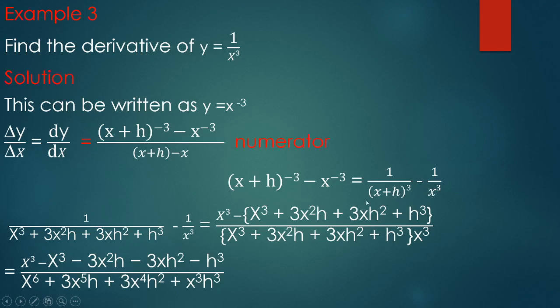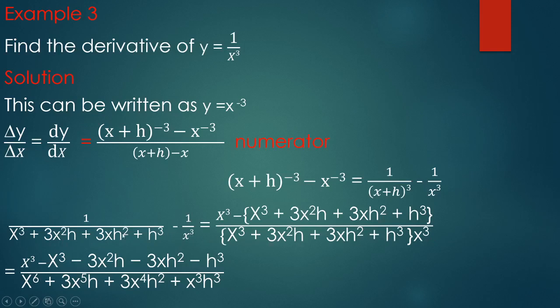Expanding this one becomes x cubed plus 3x squared h plus 3xh squared plus h cubed. So 1 over that minus 1 over x cubed. You find the LCM, this times this one, this times this one as the LCM.